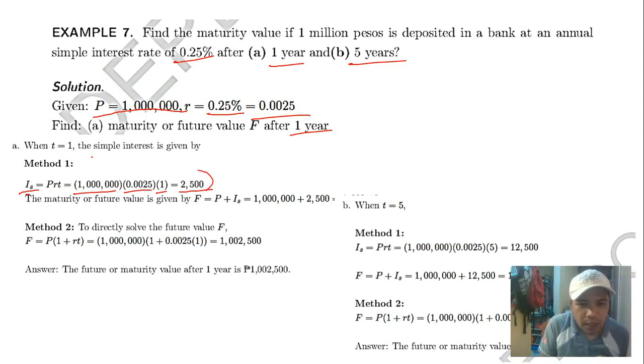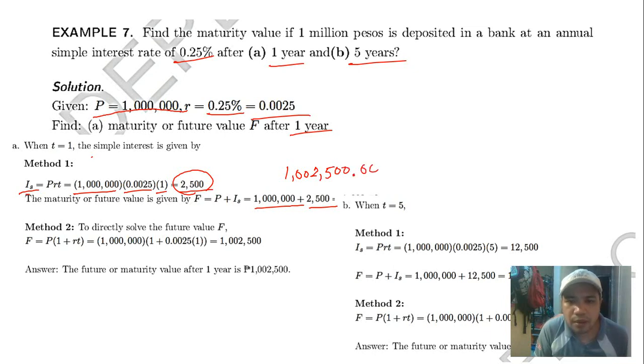The 2,500, we add to the 1 million. So, 1 million plus 2,500. And that gives us 1,002,500. So, this is our maturity value after 1 year.